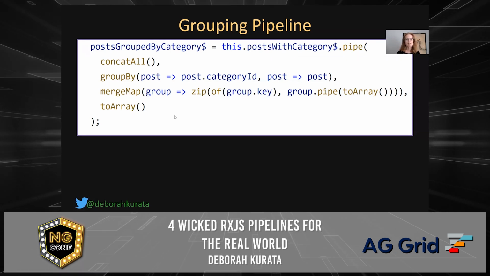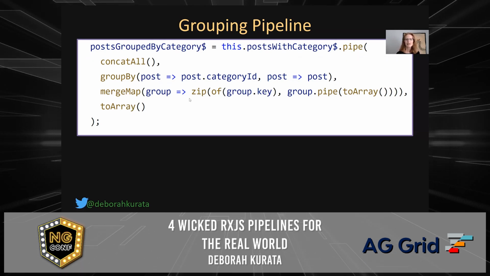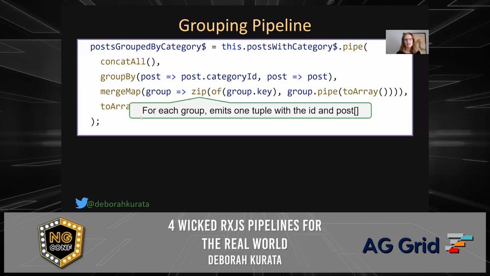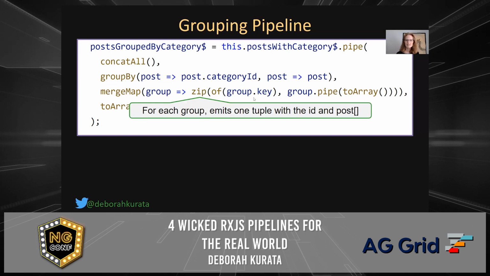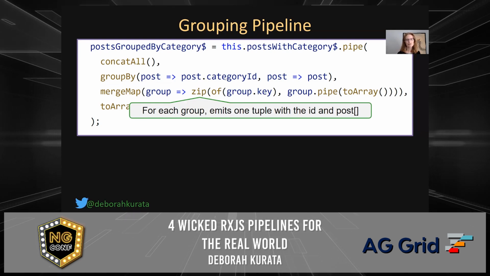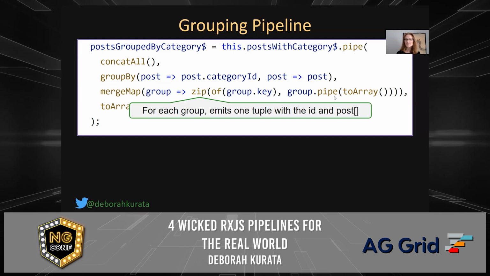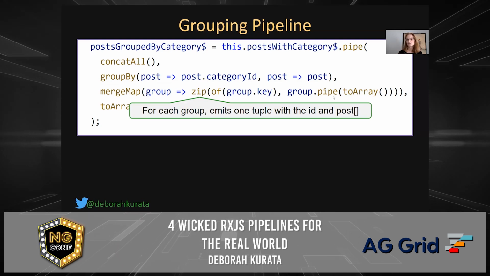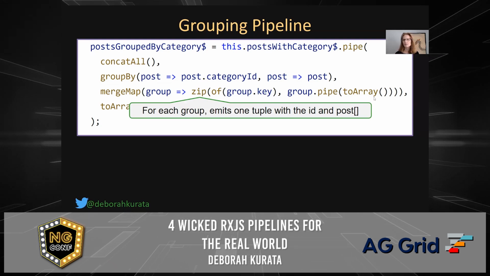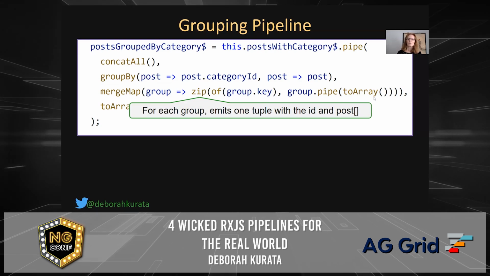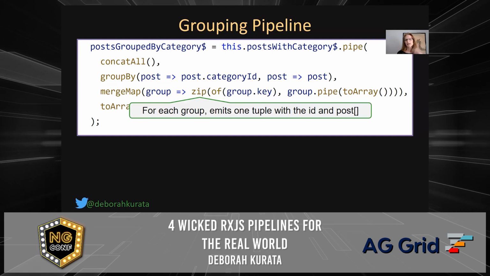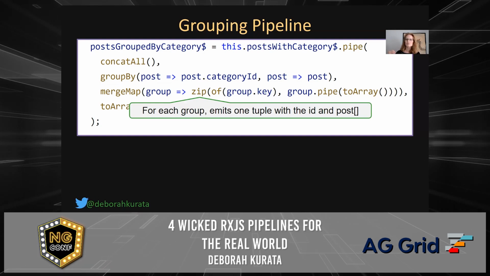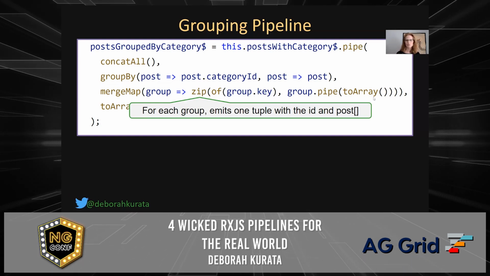It uses zip, and for each group, it emits one tuple with the ID, our group key, which is our category ID. And then it takes all of the posts that match that, and does a to array on them to put them into an array. So we end up with a tuple where the first element is our category ID and the second element is our array of posts that match that category ID.